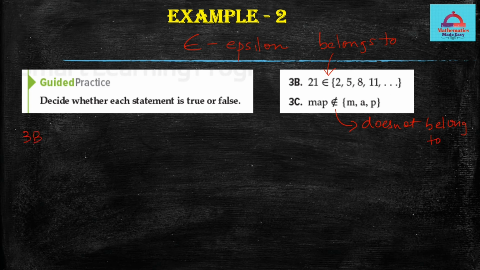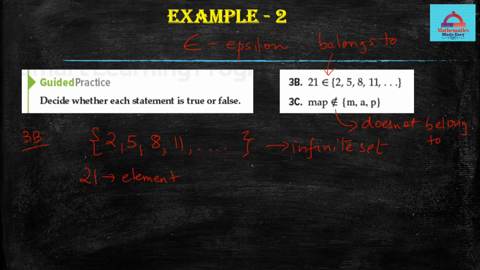We'll do 3B first. So for the 3B, the set which is given to you is 2, 5, 8, 11 and so on. So as you can see, because you have the dot dot dot, it is going to continue, so it's an infinite set. But before we check whether this element 21, this is the element which is given, is going to belong to this set or not, we have to see what is the pattern in this set.